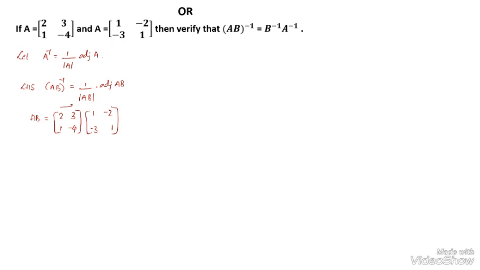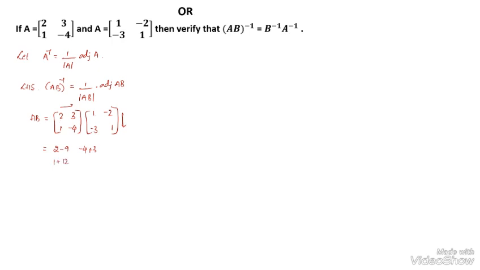Taking multiplication row by column: 2 into 1 is 2, 3 into 3 is 9 with minus, giving minus 7 in the first row.